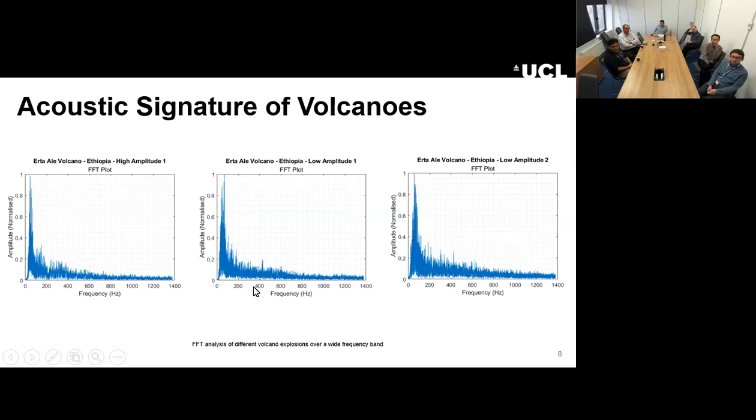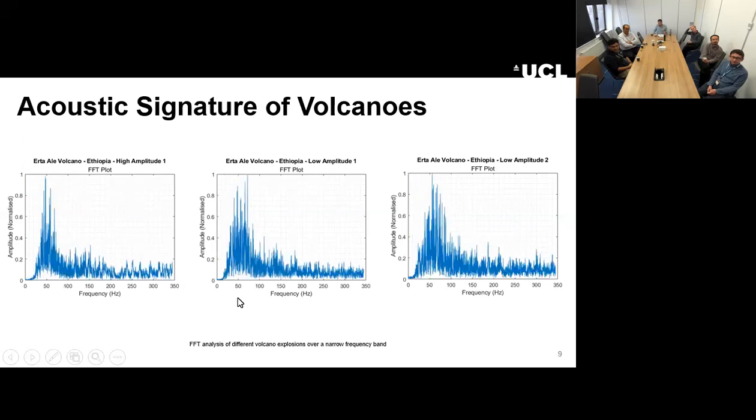And as we can see, there's an accumulation at roughly 100 hertz. And within a narrower FFT, we can see that there are also some audible noises accumulated roughly between 50 and 100 hertz.